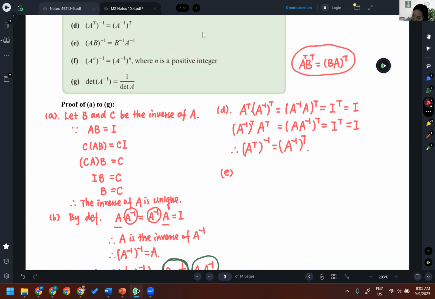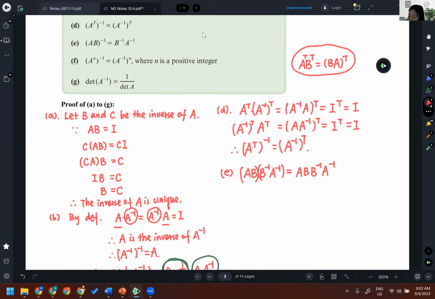E. How do I prove that the inverse of AB is B inverse A inverse? What should I verify? I should verify if AB times B inverse A inverse is equal to I. Let's try if this is equal to I. Now first, as long as I do not change the order, I'm fine.